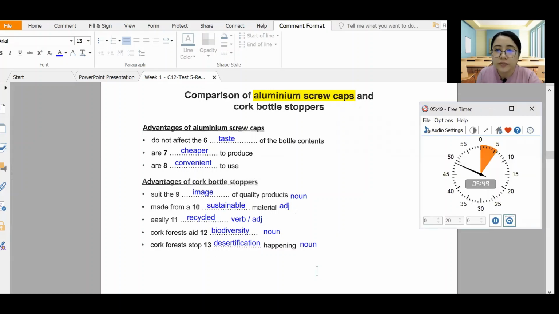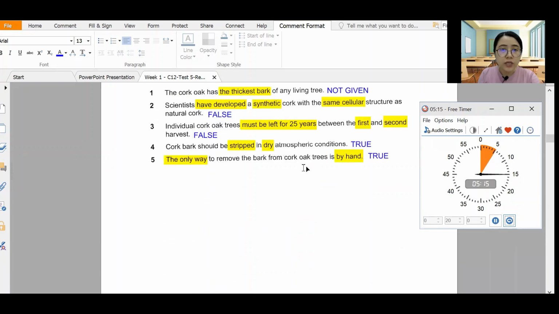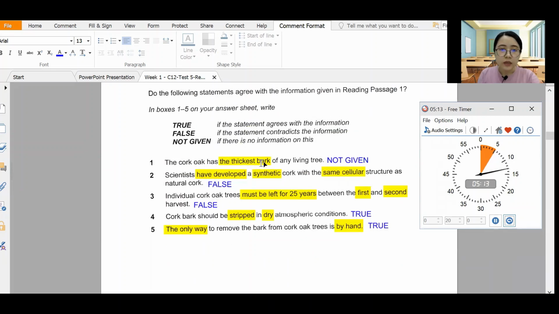Let's check the time. We still have 5 minutes to double check the answers. So what have you learned from this exercise? The first one is, you need to read the question first. See what information you're going to check with the text in the passage. And also, move your eyes quickly. Look for the keywords.